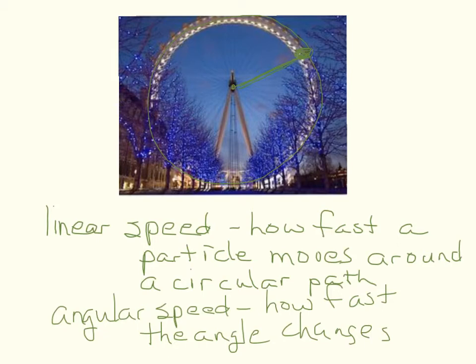As you move, this whole thing sweeps out a central angle. Can you see that? So angular speed has to do with how fast the angle's moving. Speed just relates it to time. So linear speed would be your distance around over time. Angular speed would be the rotation over time. So we're going to look at those two things, linear speed and angular speed.